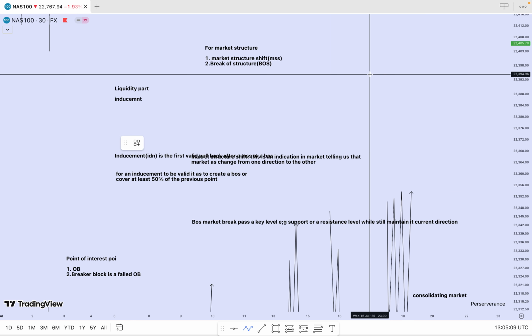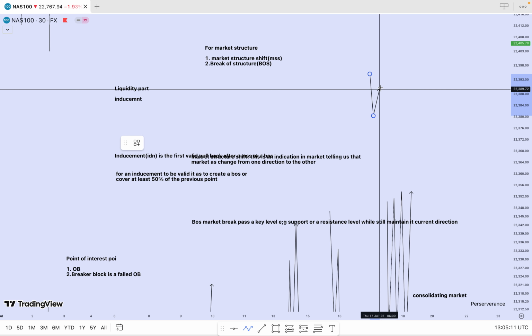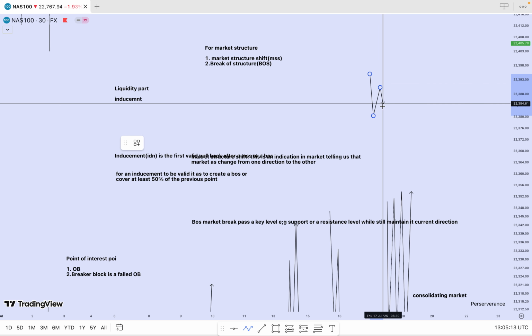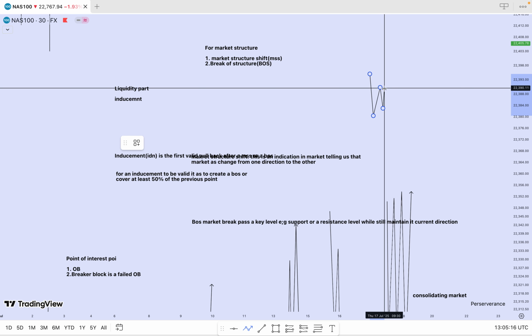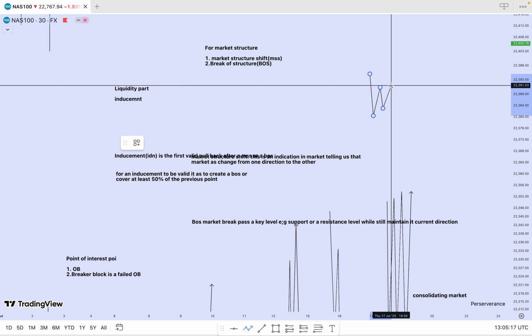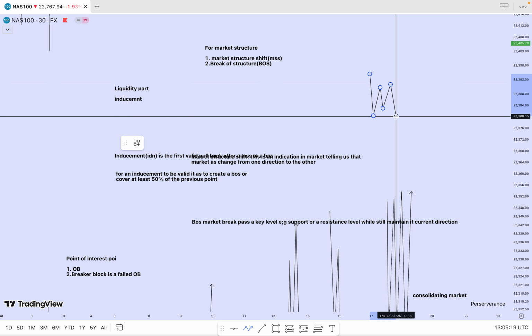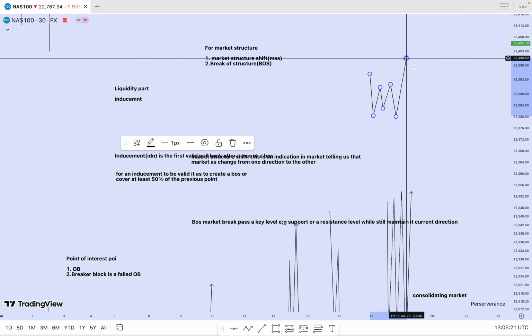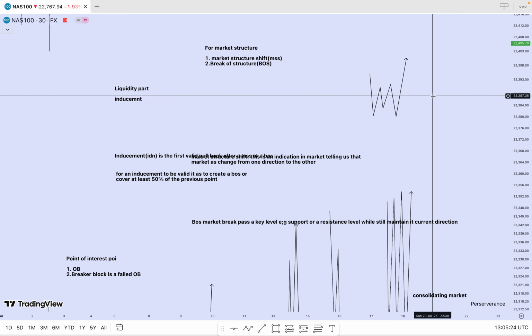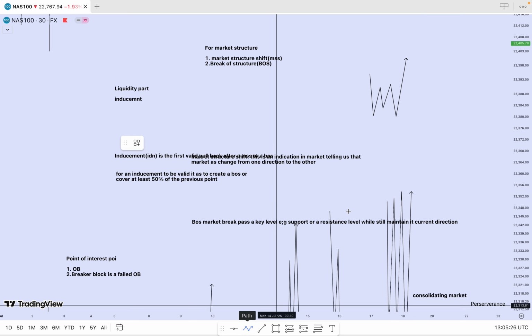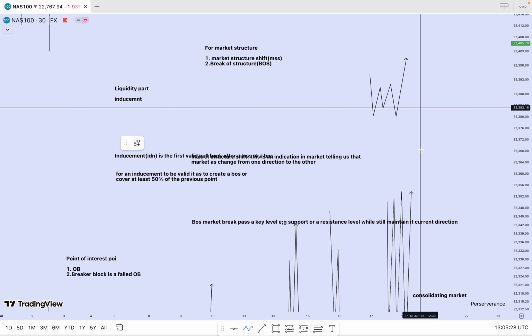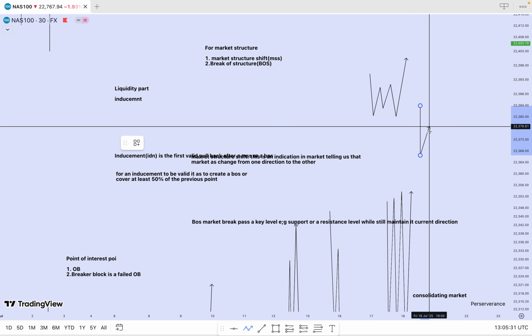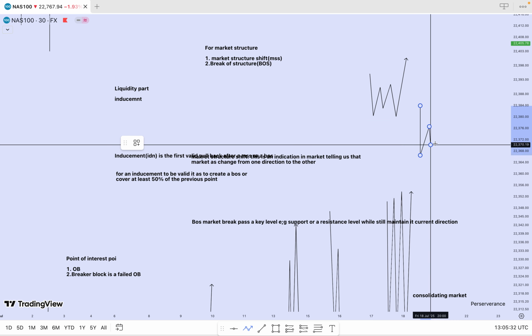In this case, you have your inducement. This is the previous point, right? Market needs to break structure before coming back to your point of interest and moving up. Or you can also have it like this. This is your inducement.